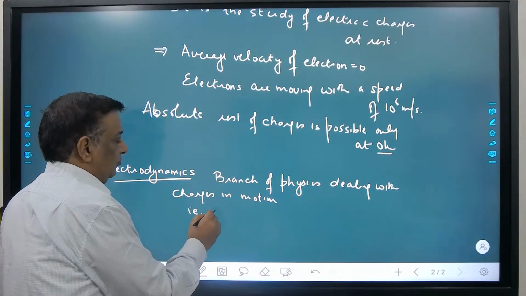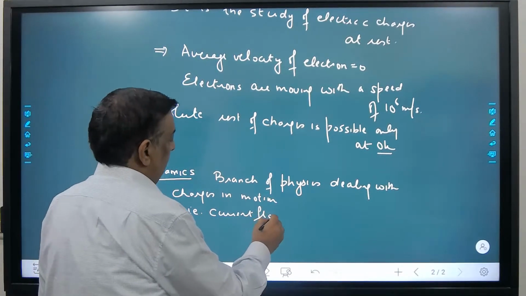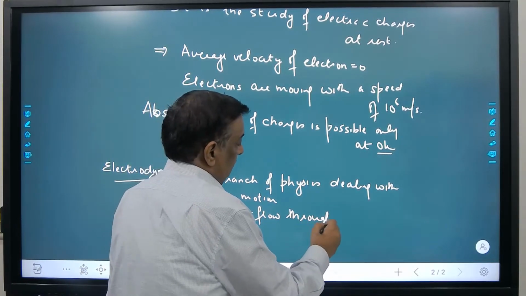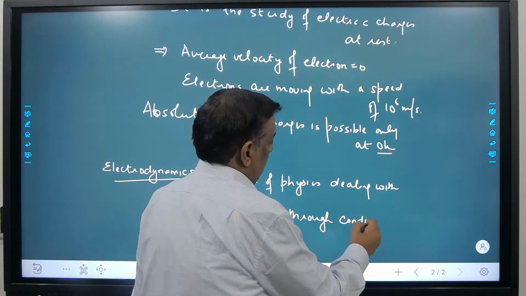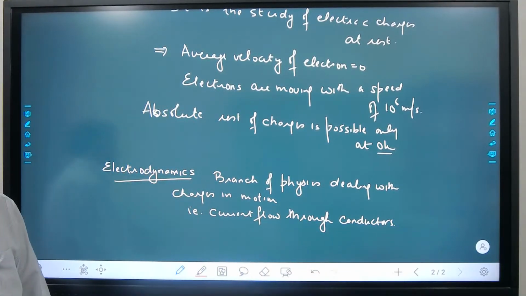There is current flow through conductors. Now, when we study the current flow through conductors, we will also study the magnetic effects related with the current flow and the electromagnetic effects.